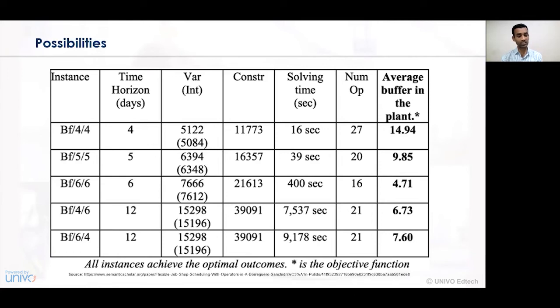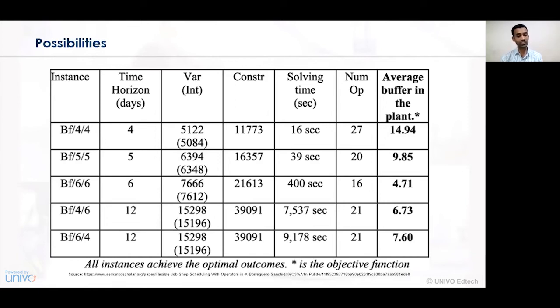And what are the variations in the quantity? The standard quantity is 5084, and the increased variation is 5122. The standard variation for 5 by 5 is 6348, and the actual is 6394. The standard variation for 6 by 6 is 7612, and the actual variation in this consideration is 7666.